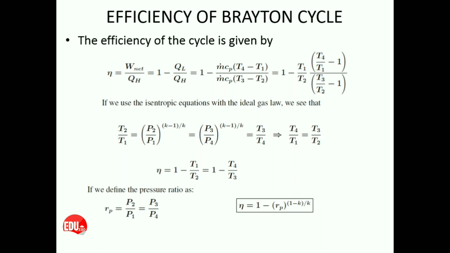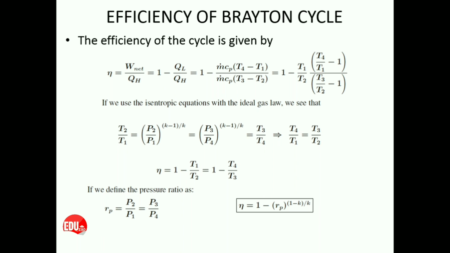And if we use the isentropic equation with the ideal gas law, we can see the temperature and pressure ratio with respect to the adiabatic index K or gamma: T2 by T1 will be equal to P2 by P1 raised to gamma minus 1 by gamma. So we can write T3 by T4 equal to P3 by P4 raised to gamma or K minus 1 by K. From this equation, T4 by T1 will be equal to T3 by T2.